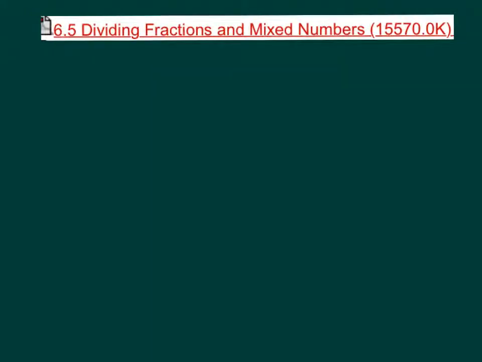Now, what if you were dividing mixed numbers? What would you do then? Well, let's do an example. Let's do something like 3 1/4 divided by 2 1/2. Well, just like before, we're going to change that to improper fractions.